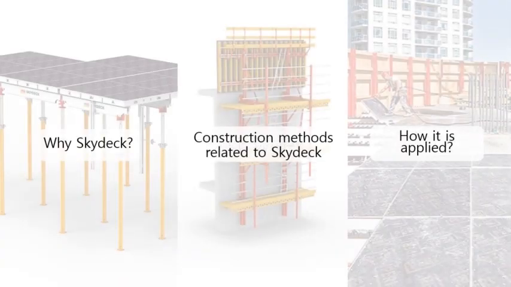Before starting our presentation, let me remind you of last week's presentation briefly. Last week, we found out why Skydeck was used in Absolute World and introduced other construction methods associated with Skydeck. And then we explained how they were applied to Absolute World towers.